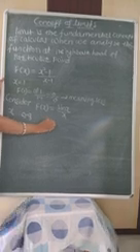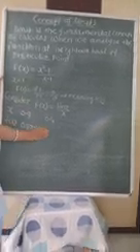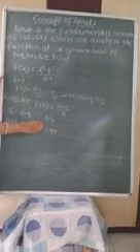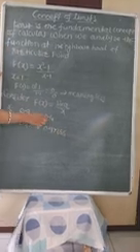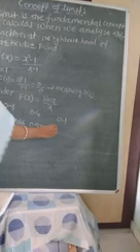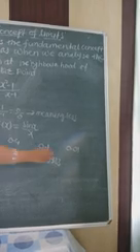Now put x 0.4, we get f of x 0.97355. Now put x 0.1, we get 0.9983. Now put x 0.01, we get f of x value 0.99.